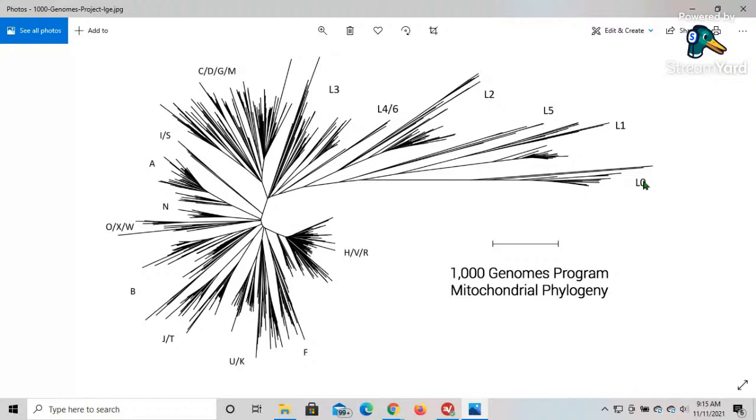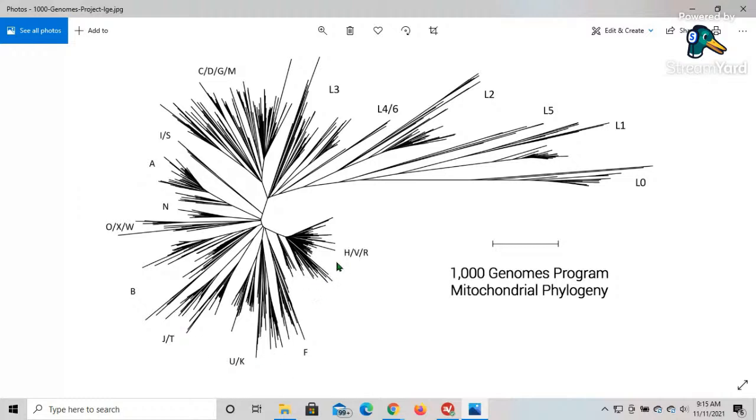The M designation would be the Japhethite mitochondrial maternal lineage, which is for some reason not as prevalent as either the L or the R or the Semitic.